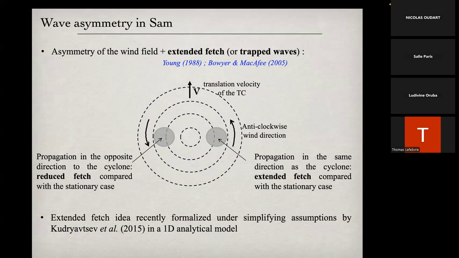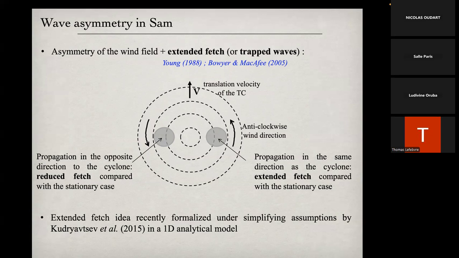The waves which are generated on the right of the cyclone move forward with the cyclone, which means that they will experience an extended fetch compared to the stationary situation, a situation when the cyclone is not moving. And by fetch, I mean the time they spend under the cyclone.